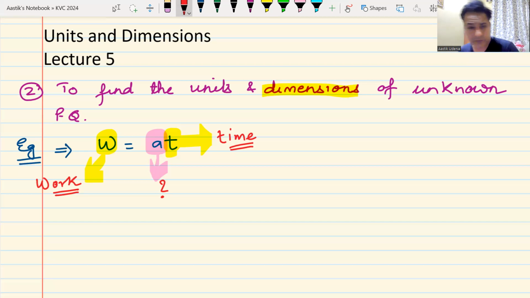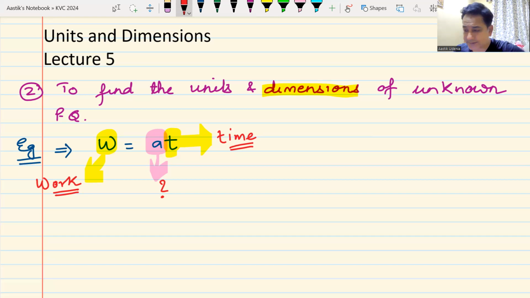Now remember, the first point that we discussed was known as the principle of homogeneity, and it tells us that whatever dimension we have on the left hand side of the equation, this is an equation or a formula, the same dimension we have on the right hand side.